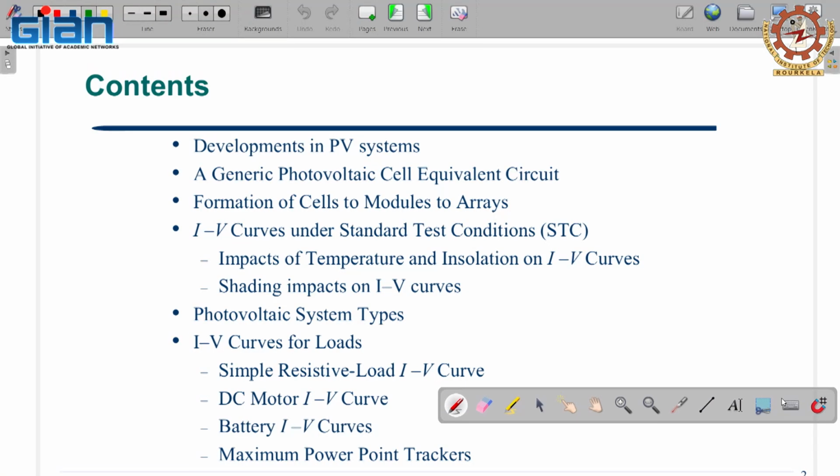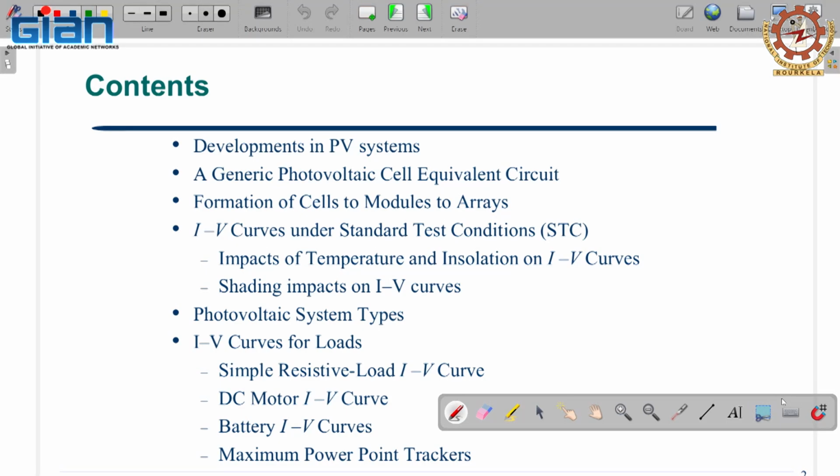So this we are going to discuss based on chapter 9 of the book I mentioned, in one session. So here, basically, these are the contents we are going to discuss.